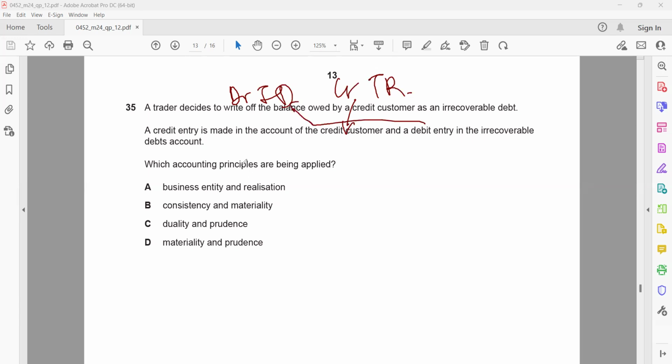What accounting principle is being applied? This irrecoverable debt, we write it off because we want to be extra careful not to overstate the profit and the asset. So that is related to the prudence concept. So the answer should be C. Okay, that's all for this paper.